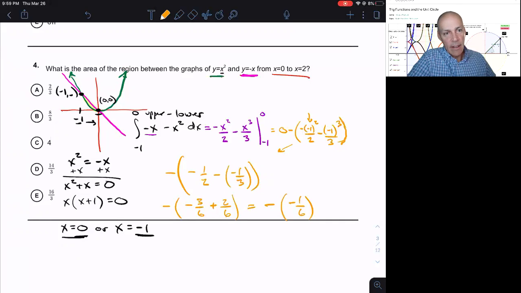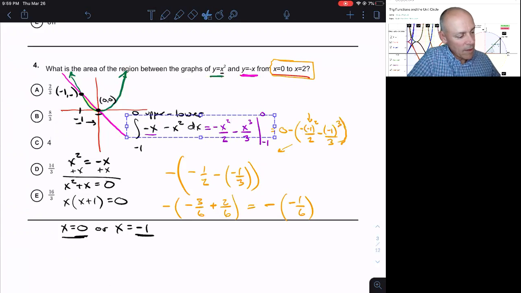We did find a bounded region, but I ignored what that told me right there. I was only interested in the area of the region between the graphs from x equals 0 to x equals 2. So really, I need to restart on most of this.